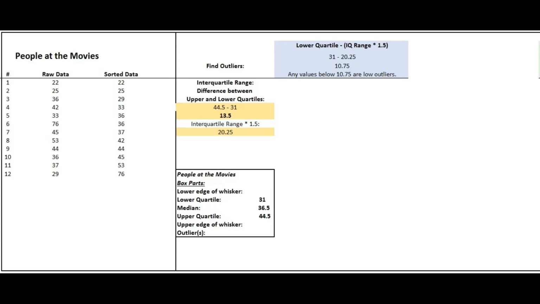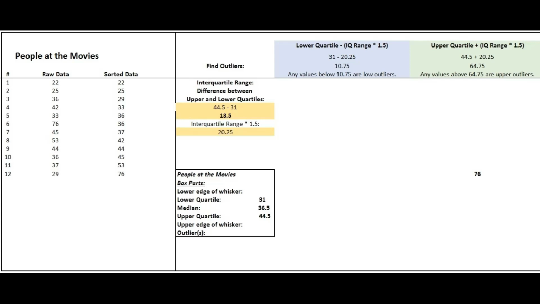So any values below 10.75 are low outliers. We don't have any. So let's look at the upper quartile. 44.5 plus 20.25 is 64.75. What that tells us is that any values above 64.75 are upper outliers, and yes, we have one. The one older gentleman in the theater is an outlier.